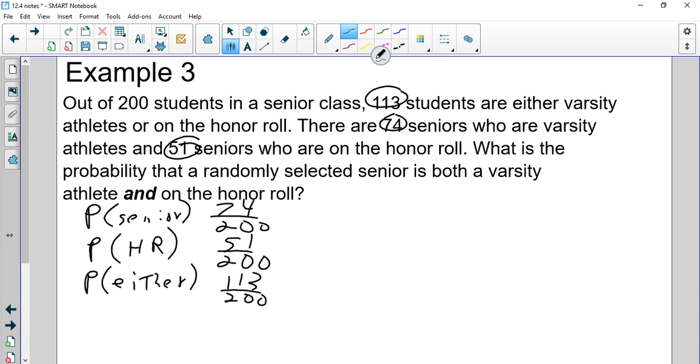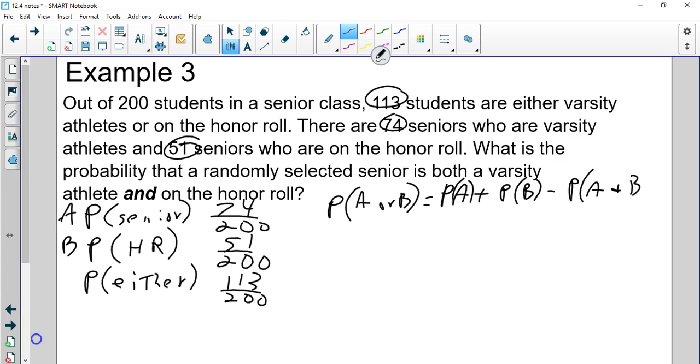So now if we just fill out the formula, it'll be very easy by just substitution. So the probability of, I'm going to call this A and this B, okay? So the probability of A or B is equal to the probability of A plus the probability of B minus the probability of A and B. And that's what we're trying to solve for.